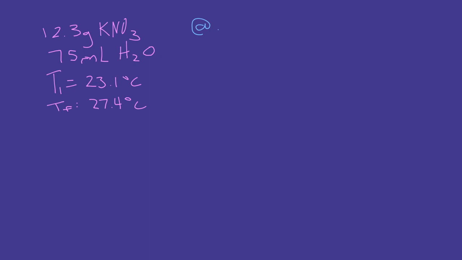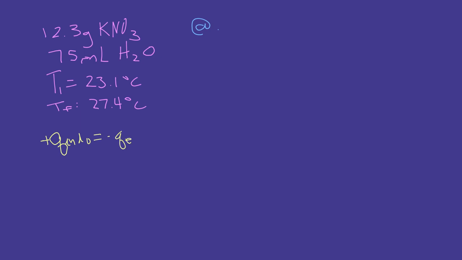Okay, so again, we can't calculate Q for the reaction, but we can calculate Q for the water. Where would water have gotten the heat to increase by 4.3 degrees Celsius? It would have gotten it from the reaction. So before we ever do any of the questions, one of the things that I think is super important to define anytime you're doing a calorimetry problem is, what is your Q endo and what is your Q exo?